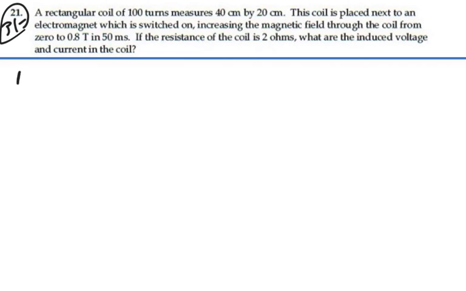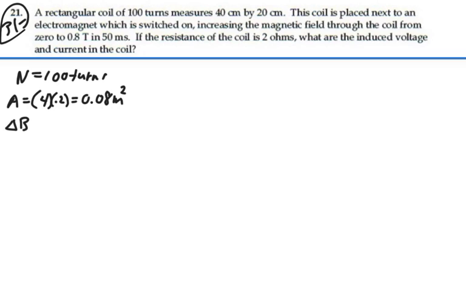Alright, so the number of turns is 100, and our area is going to be equal to 0.4 meters times 0.2 meters, or 0.08 square meters. We have our change in magnetic field, which is our final magnetic field minus our initial magnetic field.